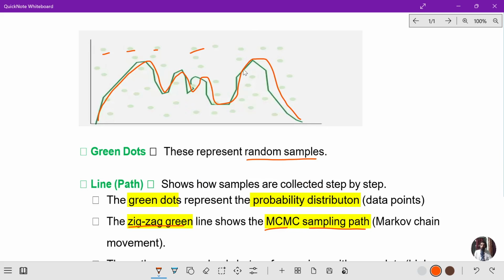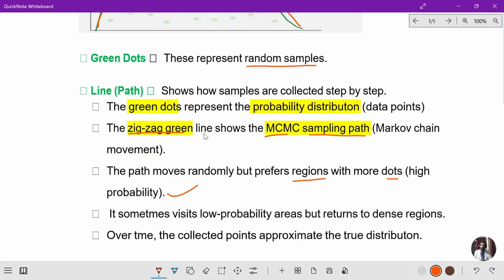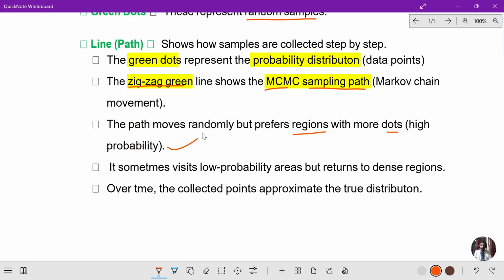This method always selects regions with more dots, which is also called high probability. It sometimes visits low probability areas but returns to dense regions. Over time, the collected points approximate the true distribution.